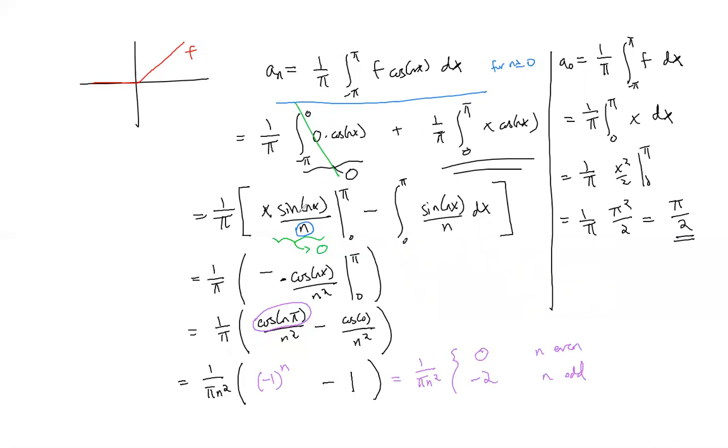It can't divide by 0. Just for the simple fact that the integral of cosine nx, you'd like to say it equals sine of nx over n, but this is only true if n doesn't equal 0, right?